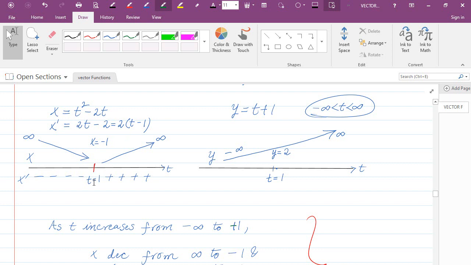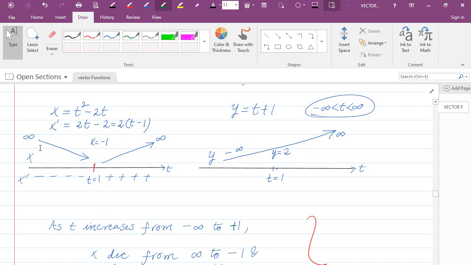Now, when t is less than 1, this derivative would be negative. So it would mean that x is decreasing on the left of t equals 1. On the right of t equals 1, this derivative is positive and x is increasing there. Now, as t progresses from negative infinity to 1, x is decreasing from infinity to negative 1.